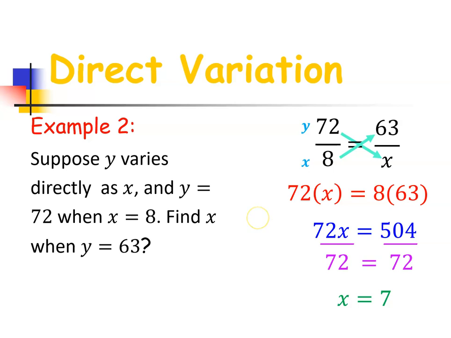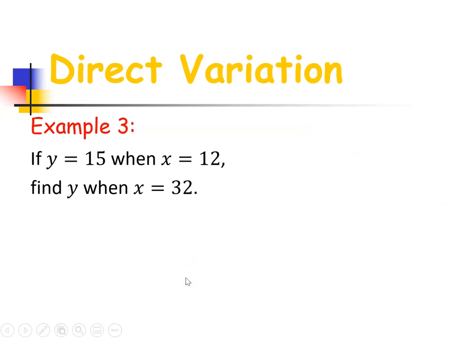Okay, these are exactly what they look like on STAAR. If you are a retester taking your STAAR algebra this year, they're going to look just like that, okay? Now, if y equals 15 when x equals 12, there's my 15 over 12, and I'm going to be sure to label it. It doesn't matter if you put x or y on top as long as you do the same on the right-hand side. I just do the order it is in the problem. Find y when x is 32. This one, we're actually finding a different one, right?